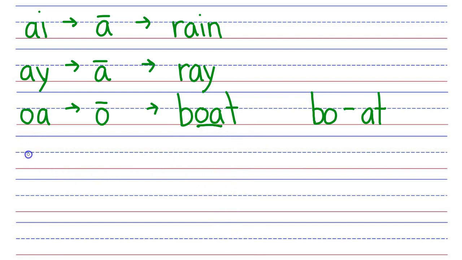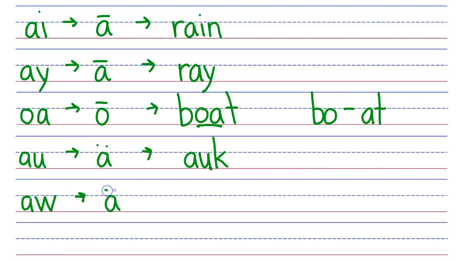Now, AU. AU is a multi-letter vowel phonogram that says a broad A sound, ah, as in auk, the bird that looks like a penguin. And we know AW makes a broad A sound.